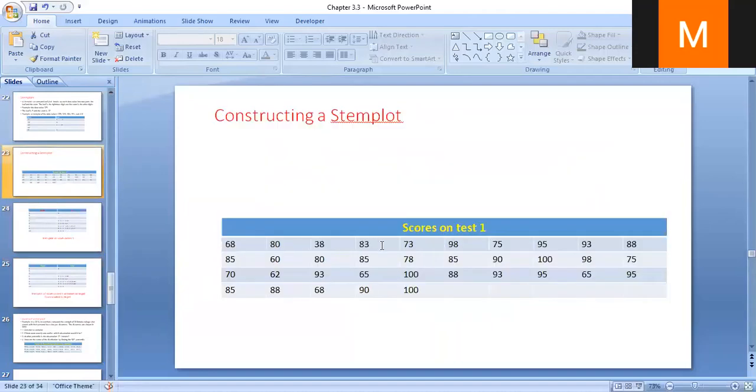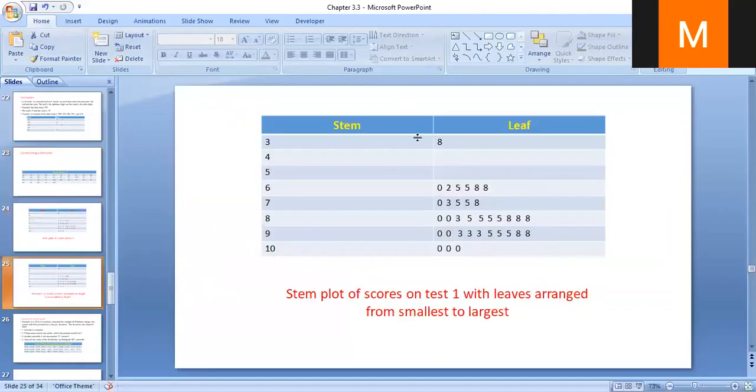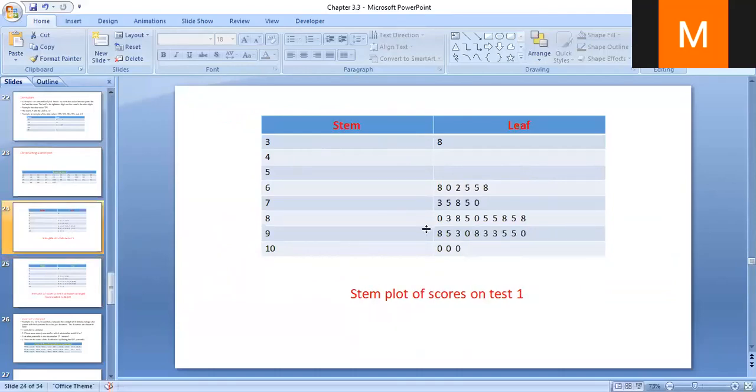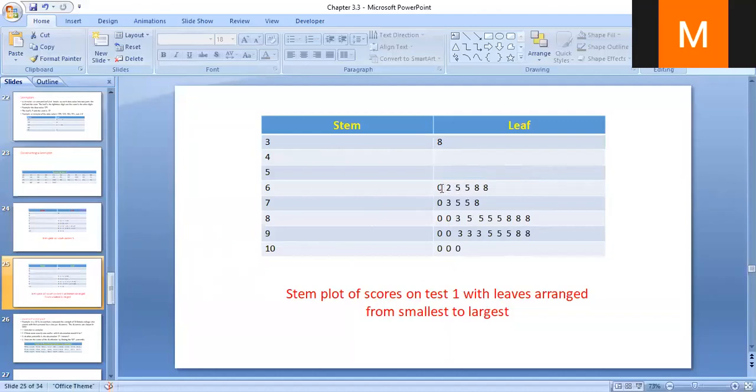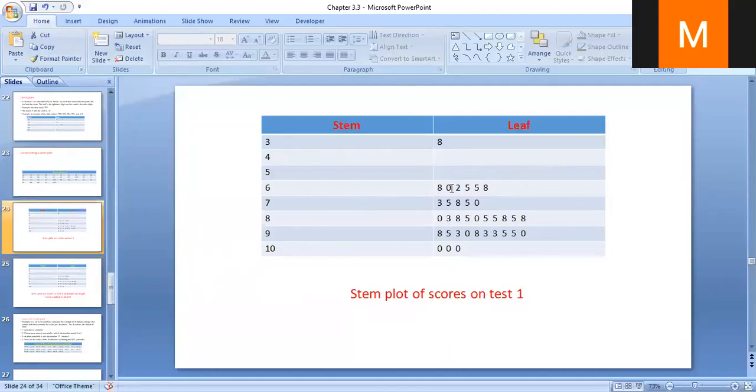From the table, you can create the step law in the table. You turn on the plus on this one, and then after you plot this one, you can rank from the small number to the last.